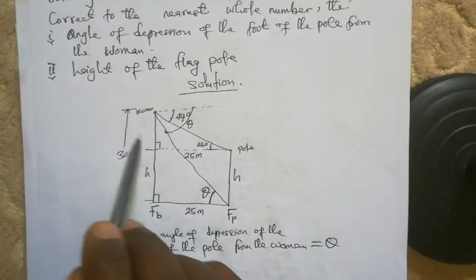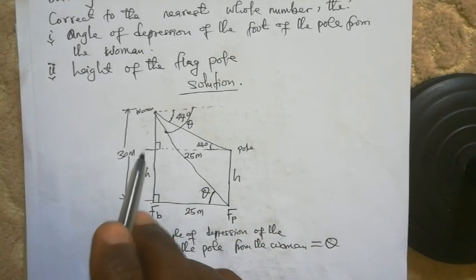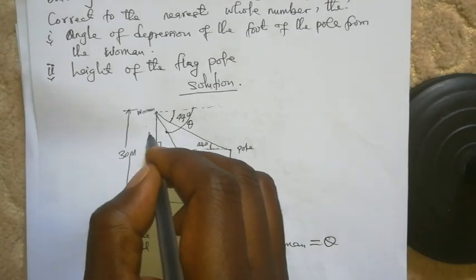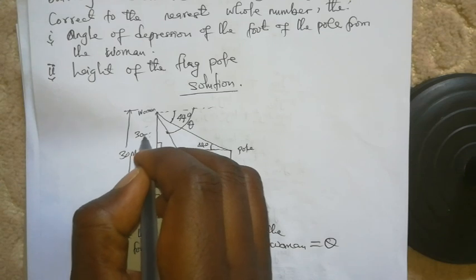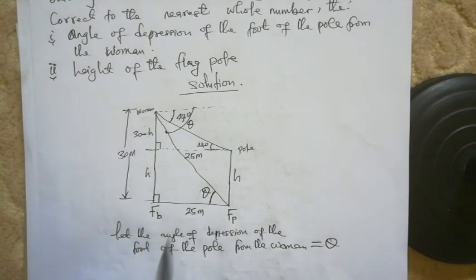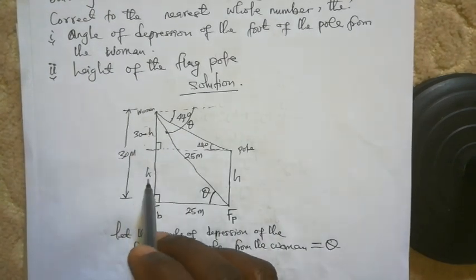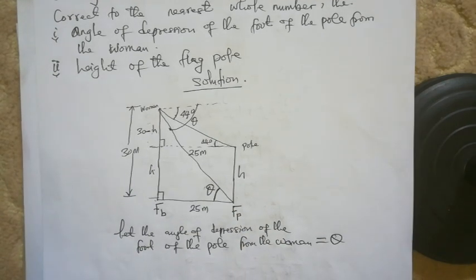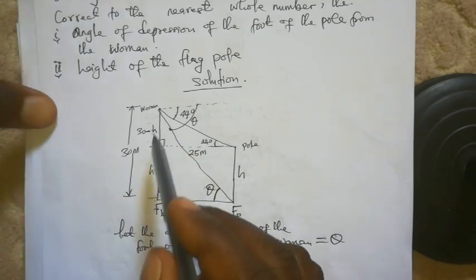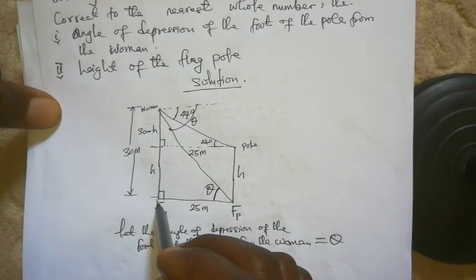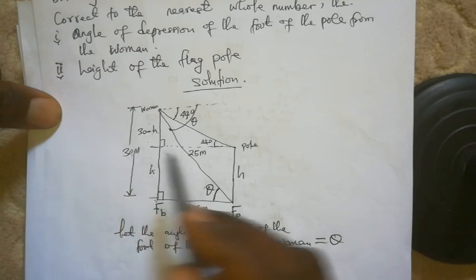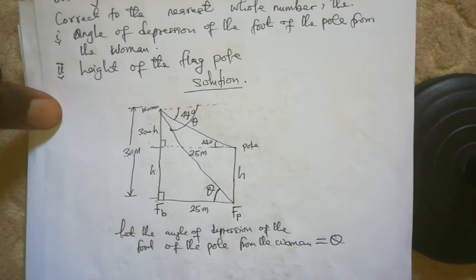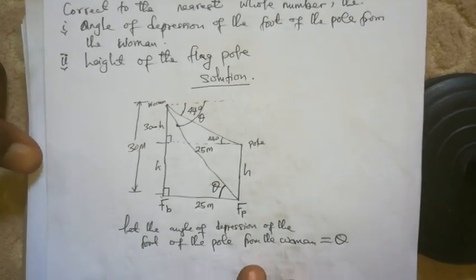In order to get the height here, this side is going to be 30 minus h, because 30 minus h plus h, the h and h cancel and we have 30, the height of the building. The height of the pole is not given. So this is the sketch.